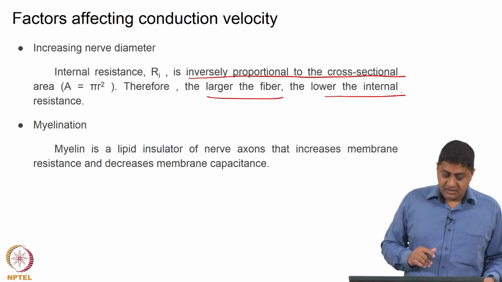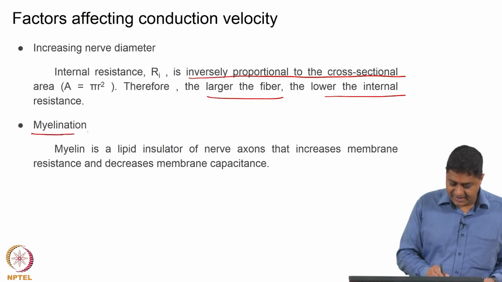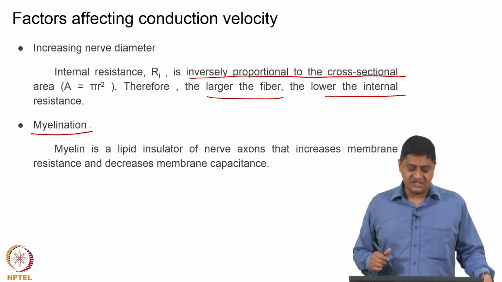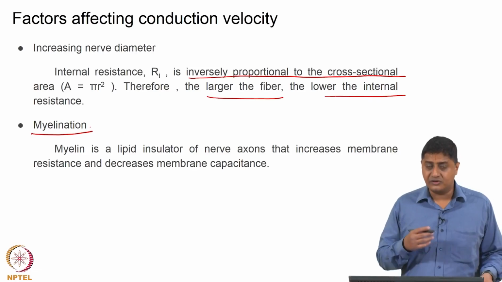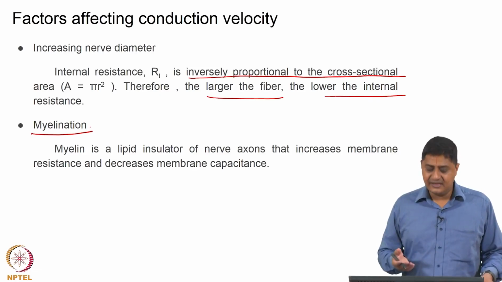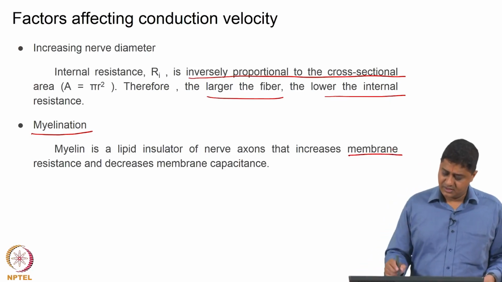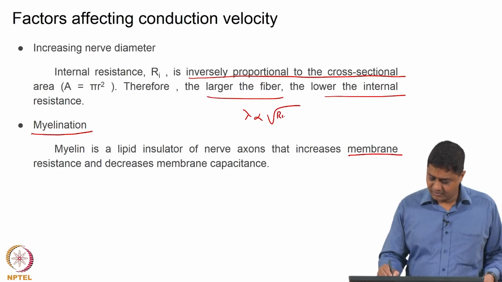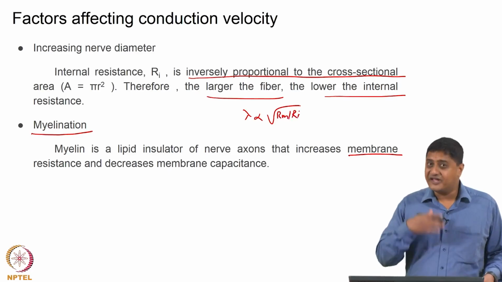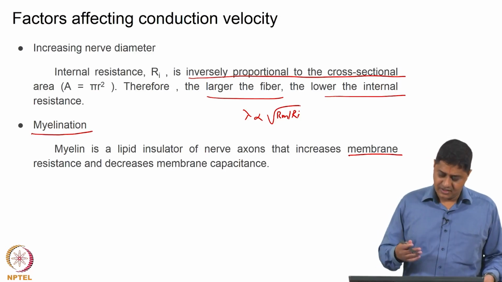The other way is to use an efficient method, which is myelination. Myelination is basically an insulator of the neuron or the neuronal axons that increases the membrane resistance. So, that means what? Lambda is proportional to Rm by Ri.